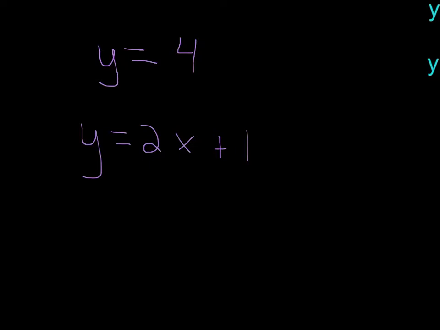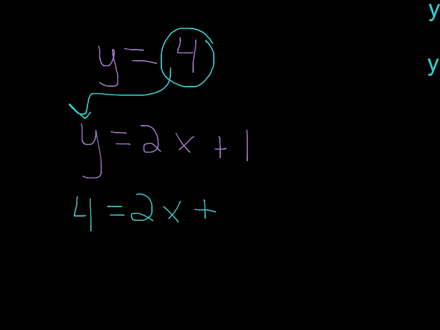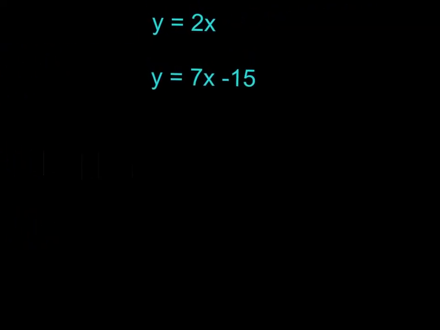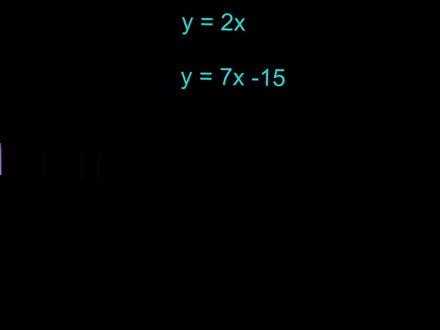This just goes back to basic substitution. If y equals 4, you're going to plug in 4 for y. 4 equals 2x plus 1 and solve for x. So go back to, we have a system, we're going to use that same idea.